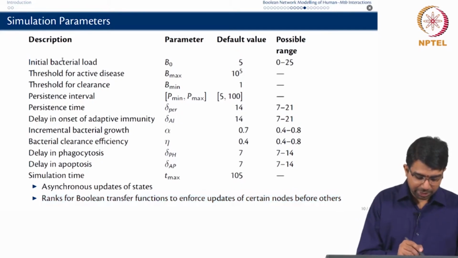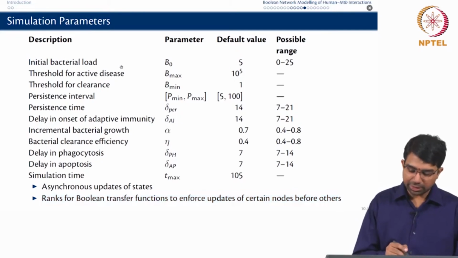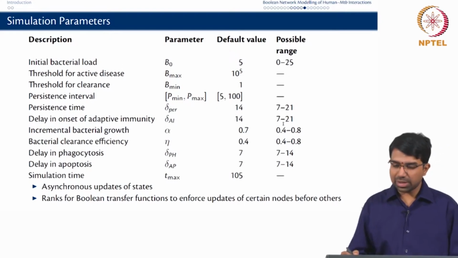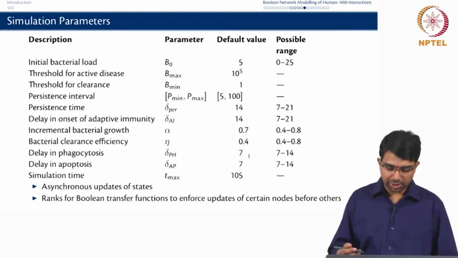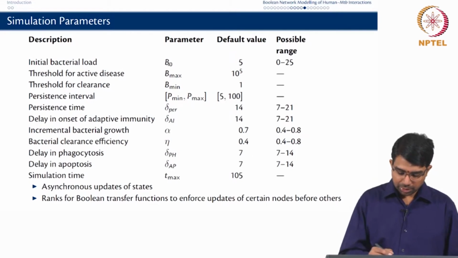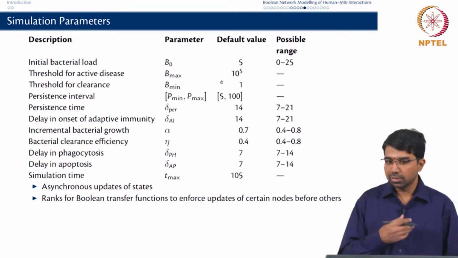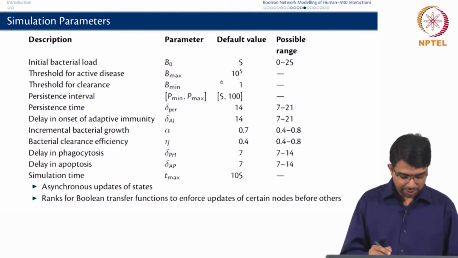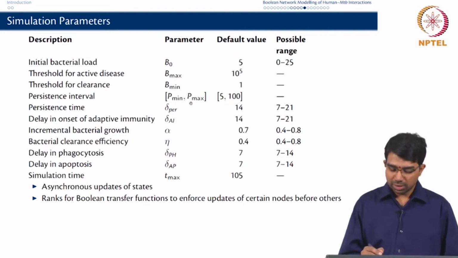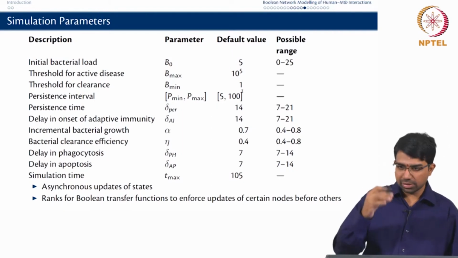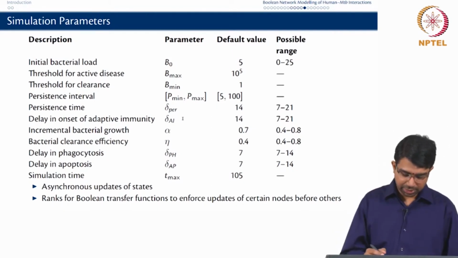These are all the parameters that we used. We looked at an initial bacterial load, and this is the possible range that we determined through a study of literature and so on. So, B_0, then what is the maximum bacteria for infection to really be irreversible in some sense, then what is the threshold for clearance, and how long should it stay in the body within a zone before it enters persistence.